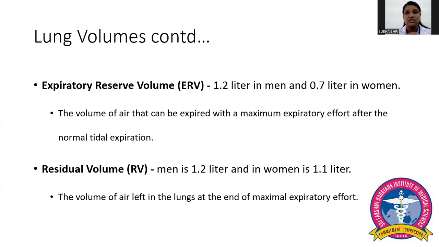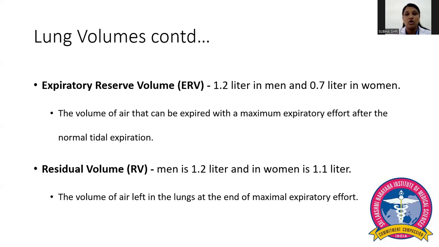It is the volume of air expired in addition to tidal expiration. So after a normal expiration, from this point, it is the volume of air in excess that is expired. Here also in men it is around 1.2 liters, whereas in women it is 0.7 liters.